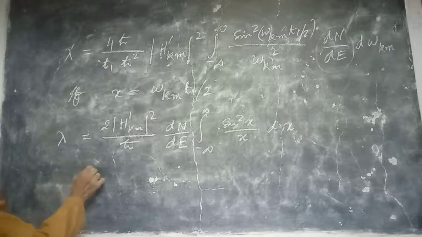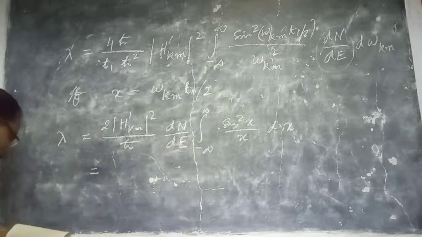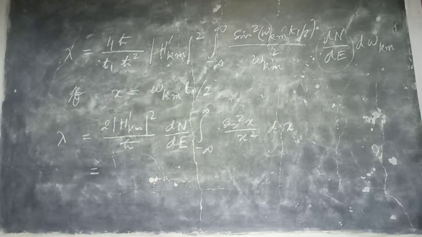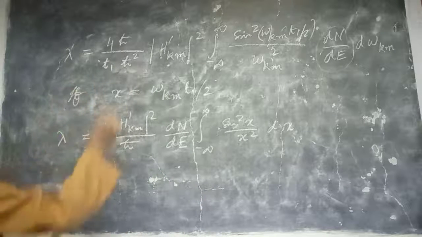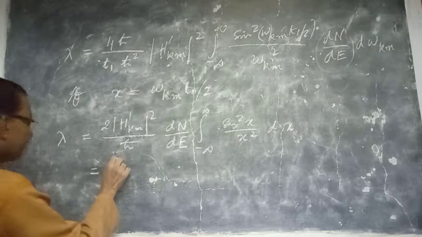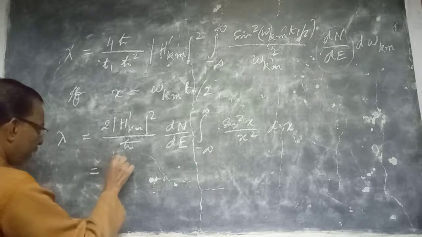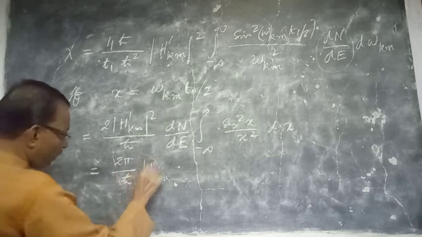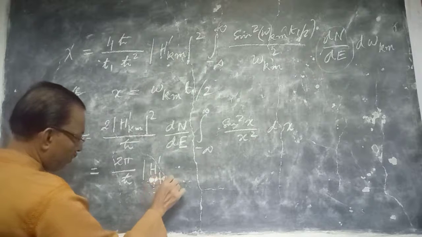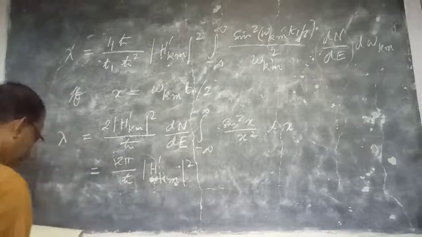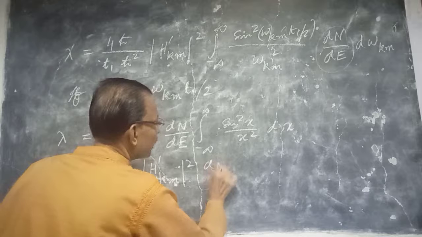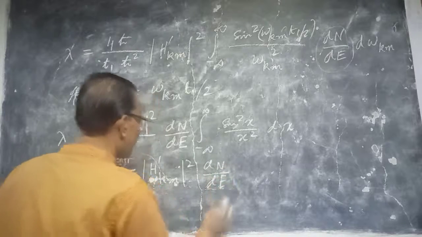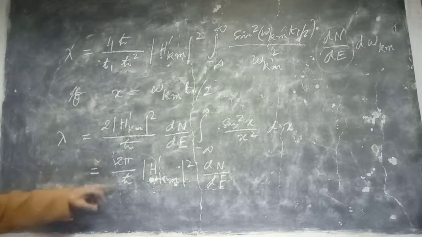Now, the value of this integration of sin square x by x square is equal to pi. So you get lambda equal to 2 pi by h cross, H prime km mod square, dn by dE. This is the total transition probability, 2 pi by h cross.